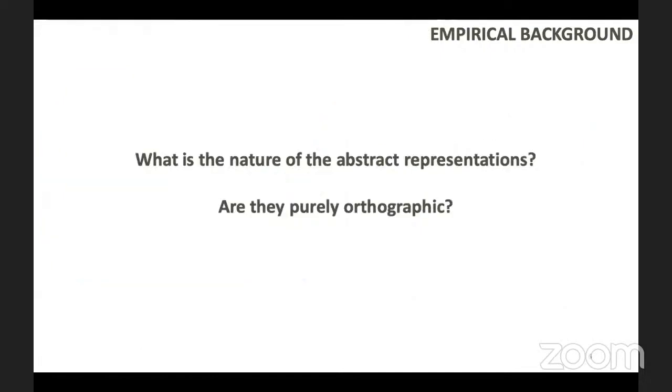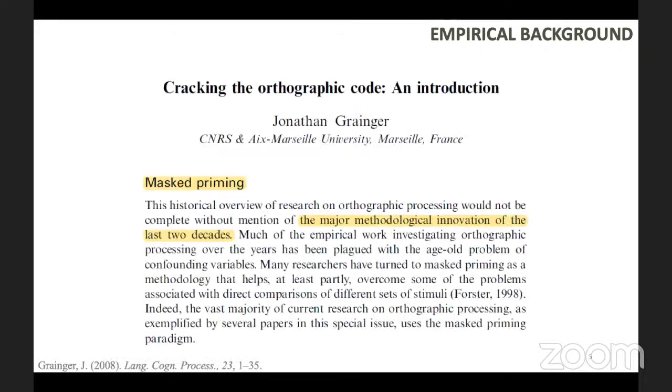So one question that necessarily arises from this fact is whether the abstract representations are purely orthographic or not. And an excellent tool to answer this question is masked priming because it taps into the early stages of letter and word processing.